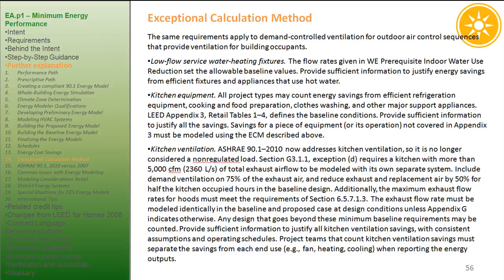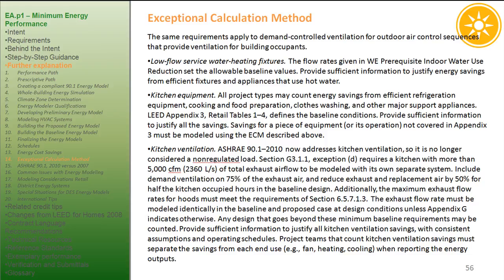Section G3.1.1, Exception, D, requires a kitchen with more than 5,000 CFM, 2,360 liters/s, of total exhaust airflow to be modeled with its own separate system. Include demand ventilation on 75% of the exhaust air, and reduce exhaust and replacement air by 50% for half the kitchen occupied hours in the baseline design.